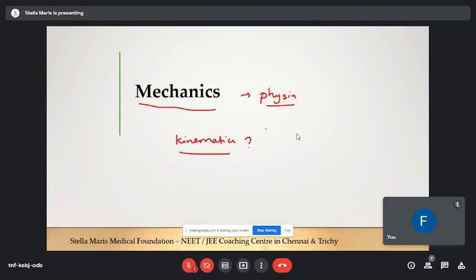For instance, if I say that a car, like an object, has moved from here to here, what we will study in kinematics is, we'll describe this object's motion. So that's what kinematics is all about.